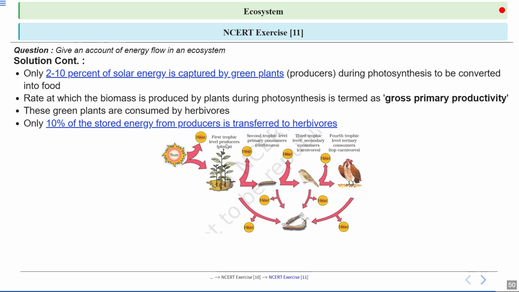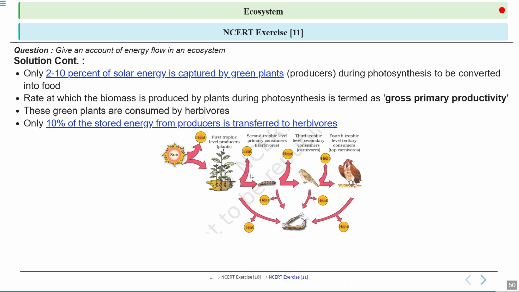And then again you have the organism at the third trophic level. These are the secondary consumers known as the carnivores. Then again you can see these secondary carnivores are eaten by the tertiary consumers, which are the top carnivores.